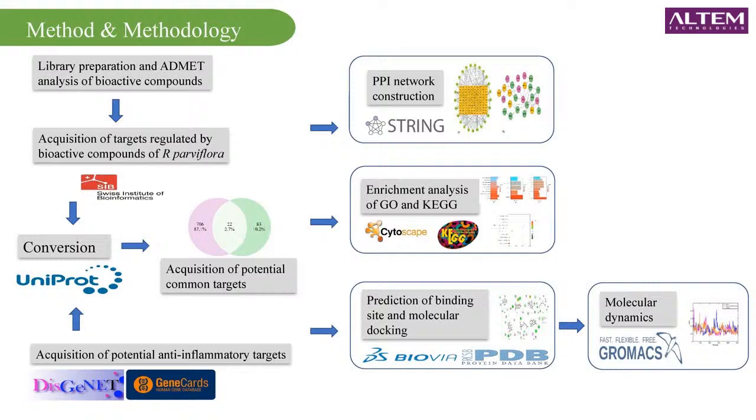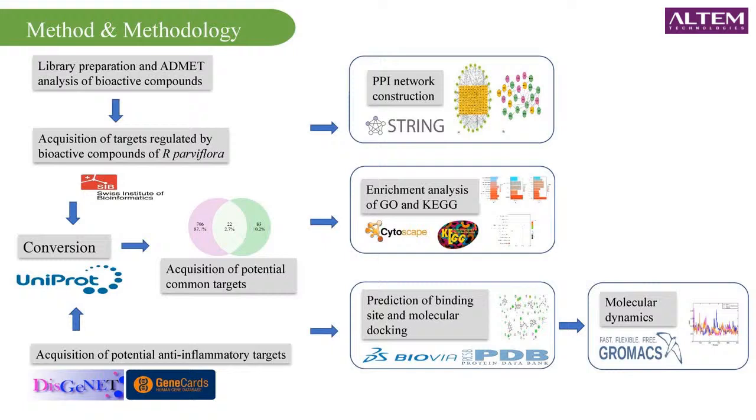Next, we acquired the potential anti-inflammatory targets from DisGeNET and GeneCards, and then we tried to find potential common targets between the targets regulated by bioactive compounds of Rungia pectinata as well as from DisGeNET. And we got this Venn diagram, and then we went ahead with the PPI network construction and analysis and performed the enrichment analysis of the GO and KEGG.